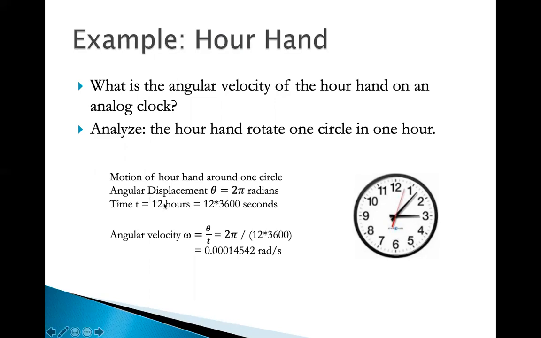The time is 12 hours, and we convert that to SI base units. Now the angular displacement and time are both in SI base units. The angular velocity we calculate turns out to be a very small value, so the hand looks like it's almost not rotating. It's definitely not rotating very fast. This is an example of an angular velocity.